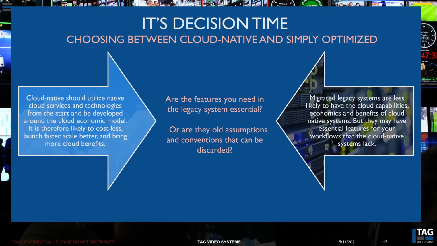So this is part of the test we're going to do coming up here. We need to figure out which systems we can use and how many of those legacy features we really need in the cloud, or are they things that can be discarded? And how much do these new cloud native vendors really understand what I do as a customer and for my business?